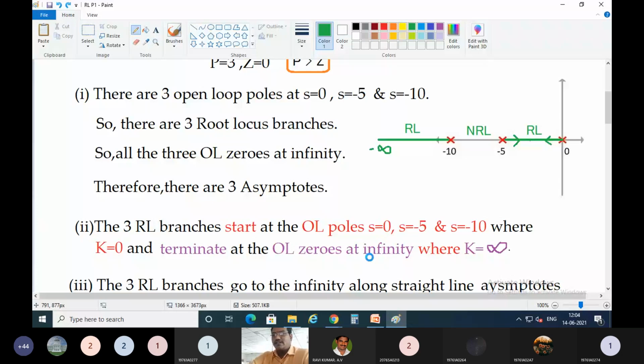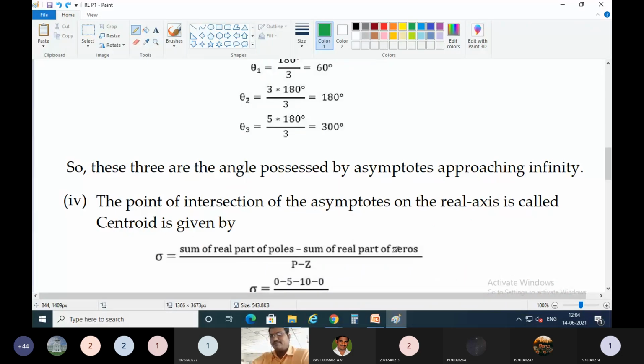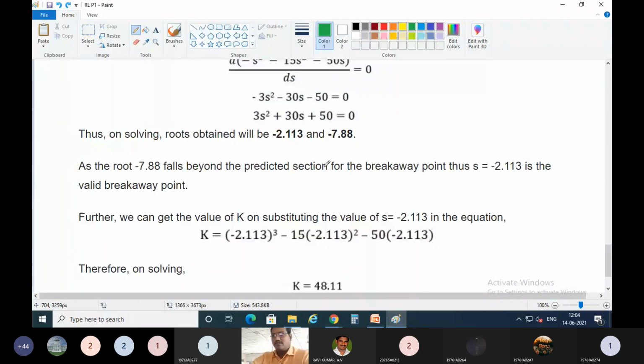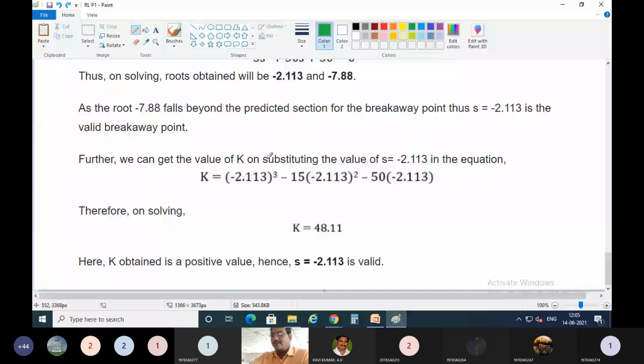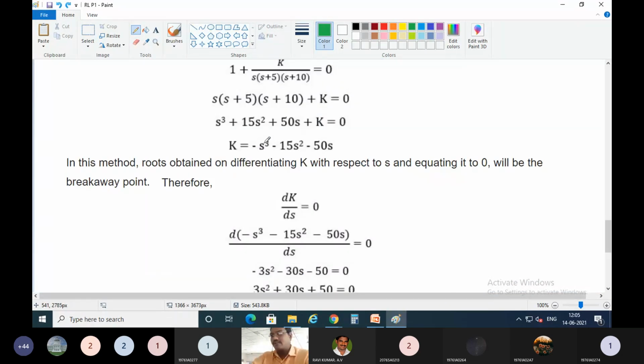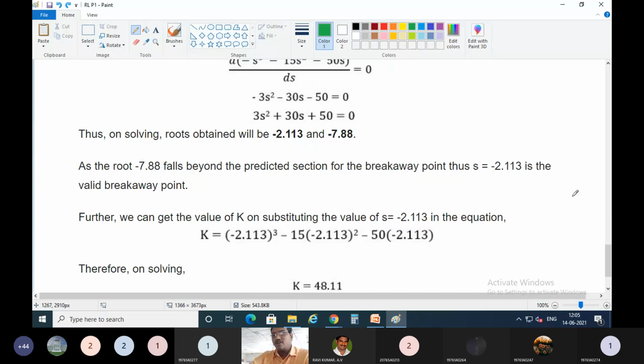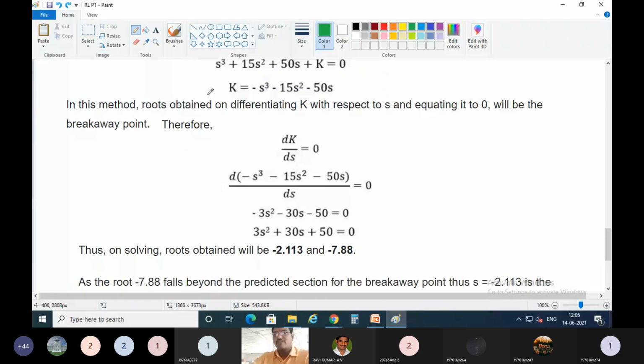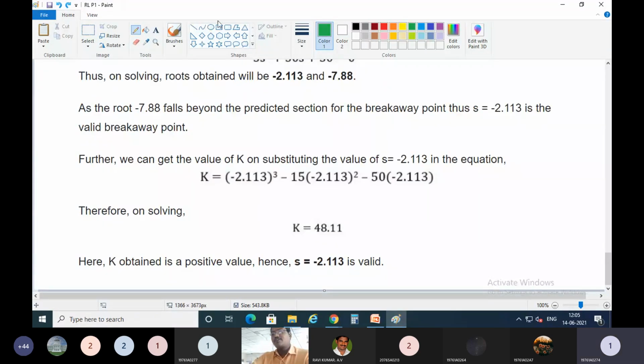Next, after calculation of the breakaway point, what is the K value? If it is valid, then substituting S equal to minus 2.113, how much K value are you getting?